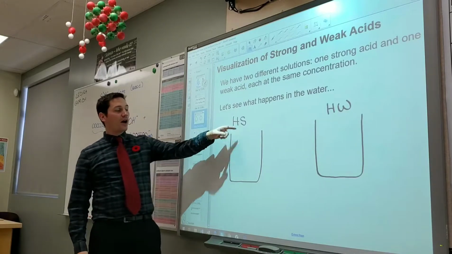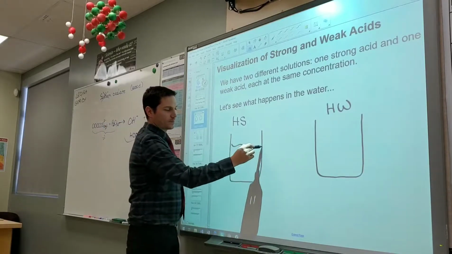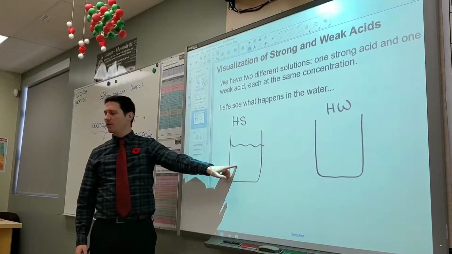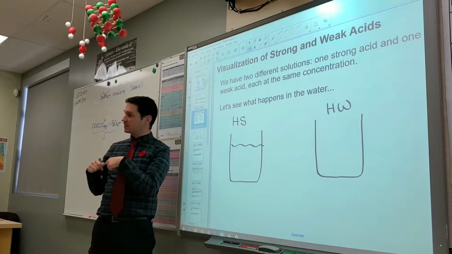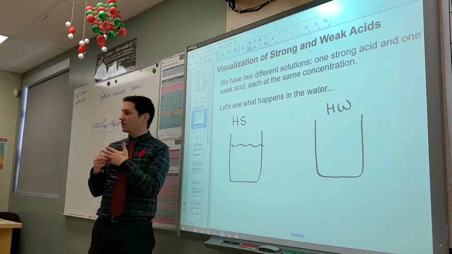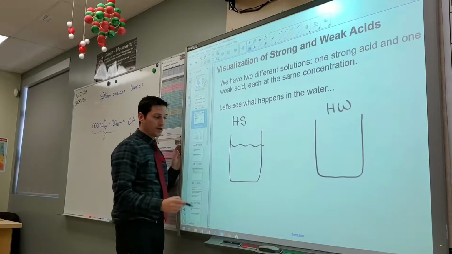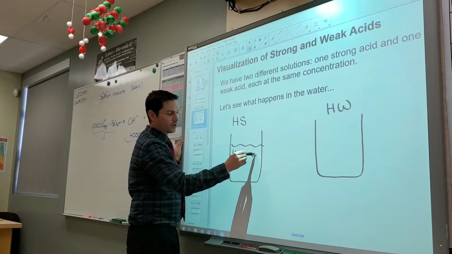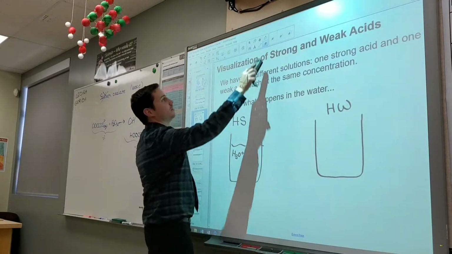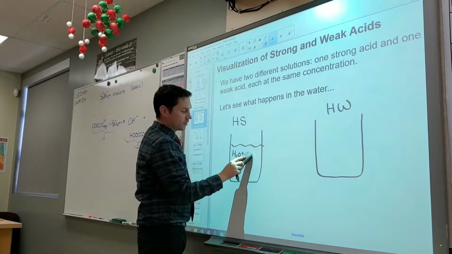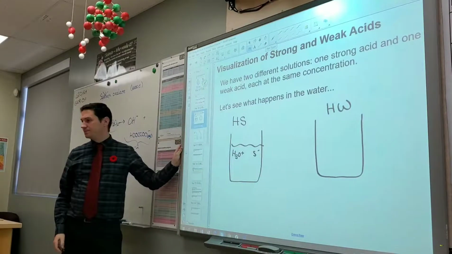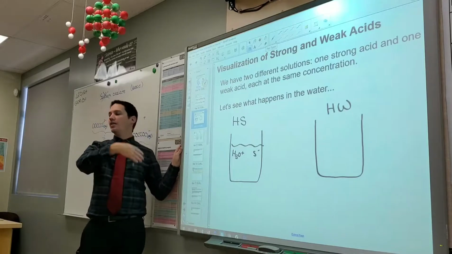When I add 5 of these to the water, what am I going to get? Does it split up or stick together if it's a strong acid? It splits up. They always split up, right? So we get H3O and S minus, just whatever the other thing is.